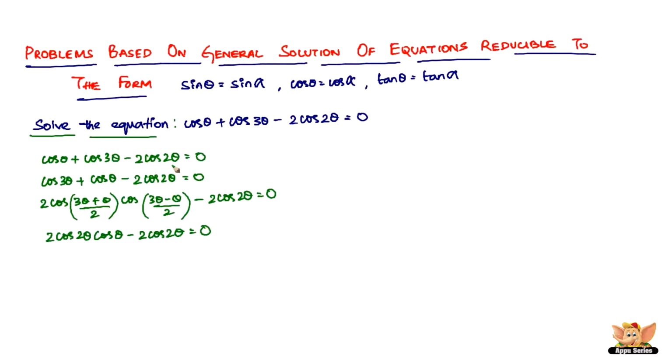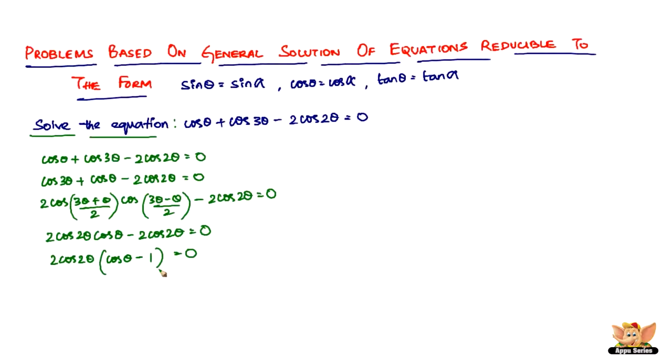If you notice carefully, the problem itself is designed in such a way that, when you solve it in the right way, you're going to get enough cues as to what you have to do in the next step. So if you see this equation, you know that there is 2 cos 2 theta present in both the terms, and you can take it out. So you have 2 cos 2 theta. Taking it out, you have cos theta minus 1 equal to 0.